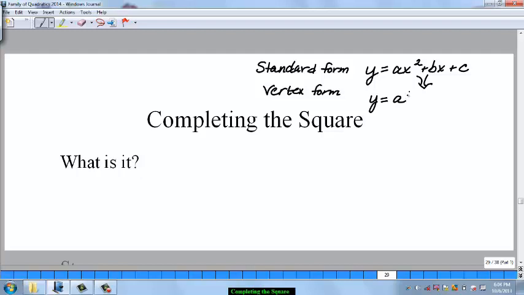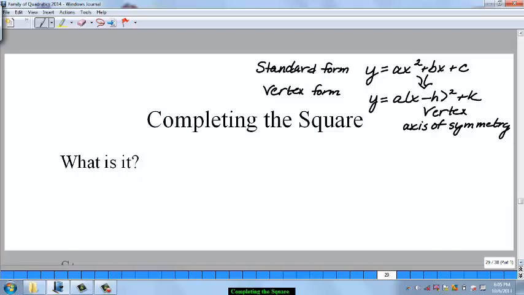So if we switch to the vertex form, which is y equals a(x minus h) squared plus k, now we can figure out what the vertex of this parabola is algebraically and the axis of symmetry algebraically. By doing this, you can get more information. Now, I know you guys can graph this. I know you can check it, but this is the algebraic way to do this.